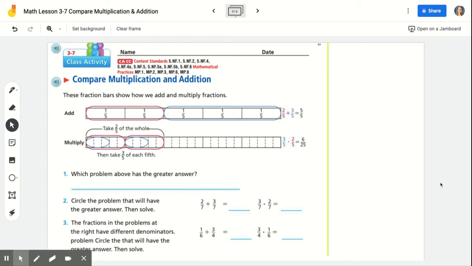So once you have all those materials out, go ahead and take a look at the heading on page 83 with me and go ahead and point at that red triangle and read along with me. The heading is Compare Multiplication and Addition. So we're going to be looking at fractions, and we're going to be using the same fractions and multiplying and adding them.